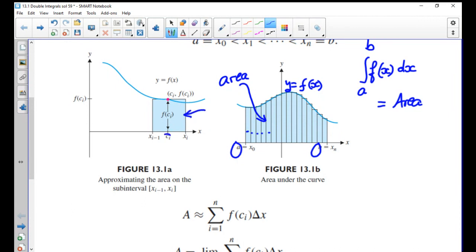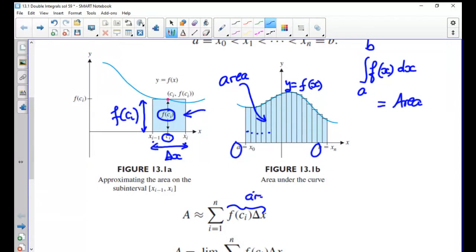You take a point C from this x to this x, and then you find the value of the function at the point C. So Ci, f of Ci, and then you multiply f of Ci, which is this number, by delta x, which is this number. This is delta x, and this is f of Ci. When you multiply these two, you will get the area of one rectangle.